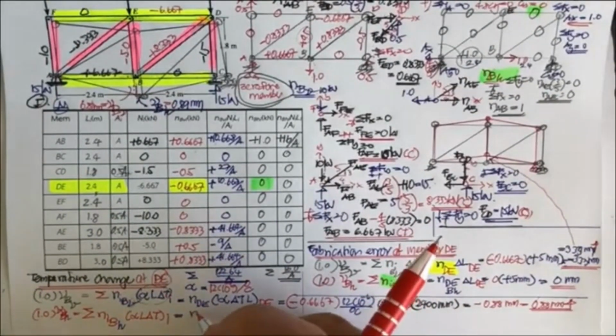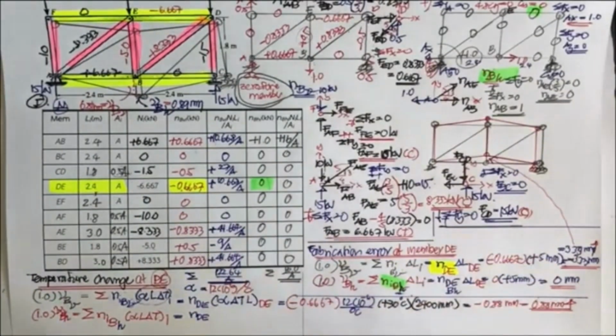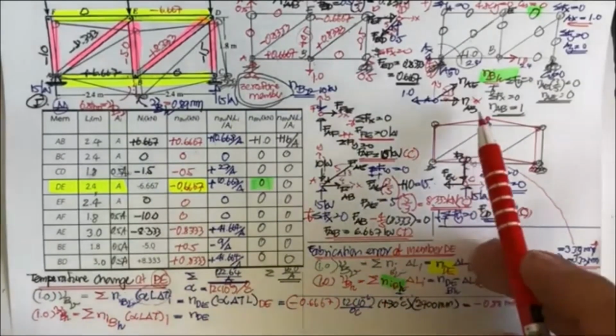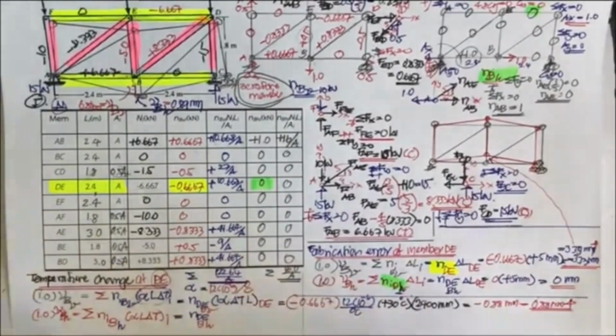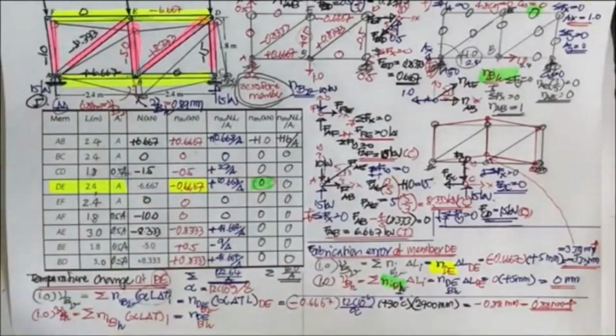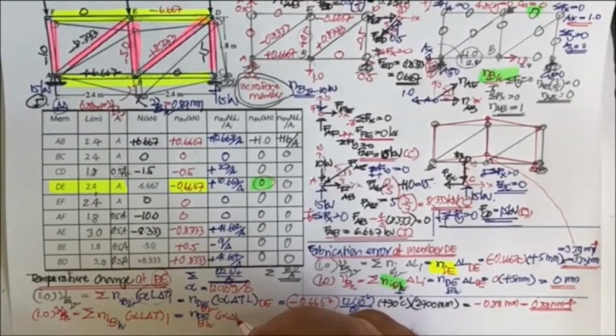So n sub DE, but this time it is here, B horizontal. Before that was B vertical. This is going to be 0, and it's going to be alpha delta T L of the DE.